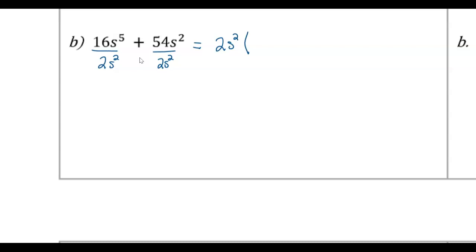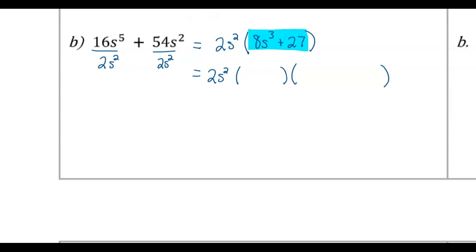So 16 divided by 2 is 8, so that's 8s cubed, plus 54 divided by 2 is 27, and s squared and s squared cancel out. So this 2s squared is right here, and then I'm going to factor the inside of the parentheses.